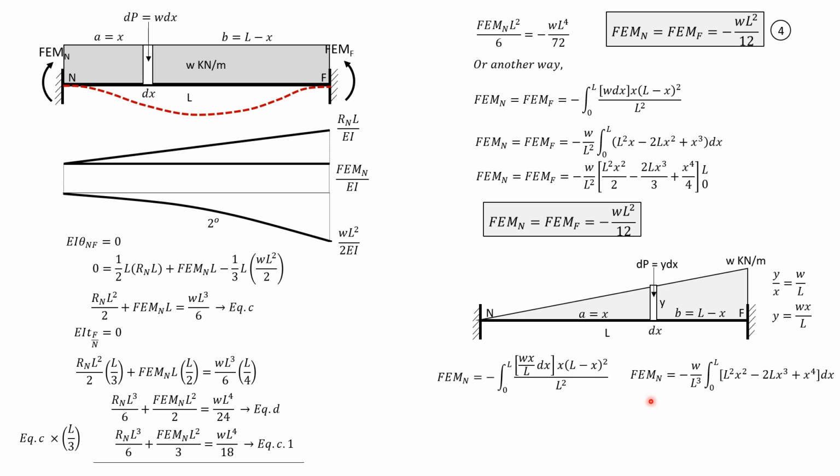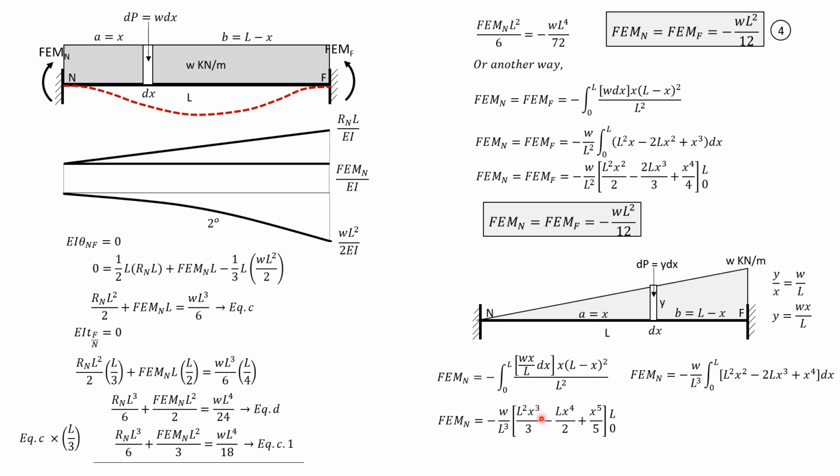So integrating, we have fixed moment here equals negative W over L cube times quantity L square x cube over 3 minus L x to the fourth over 2 plus x to the fifth over 5, 0 to L. Because the terms inside are like terms, we have L to the fifth inside, and we have L cube here.